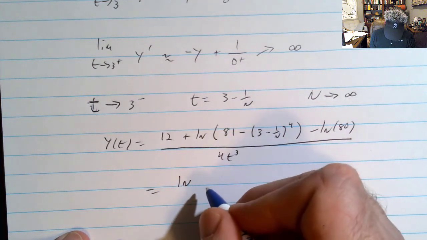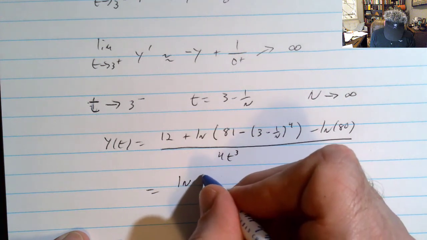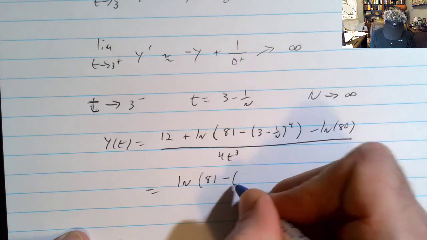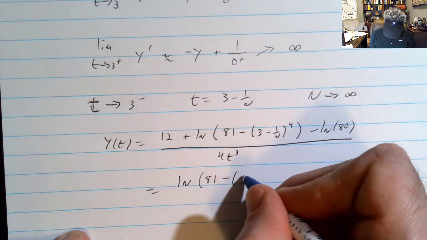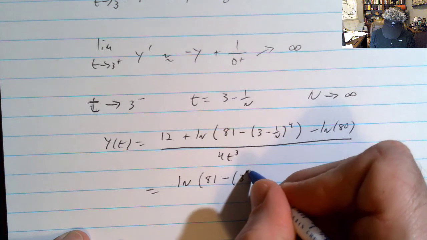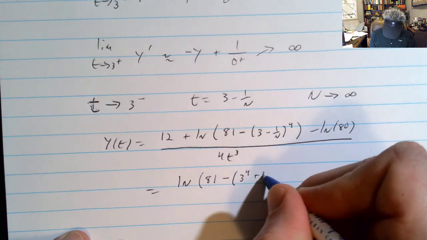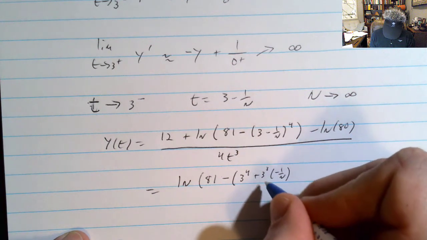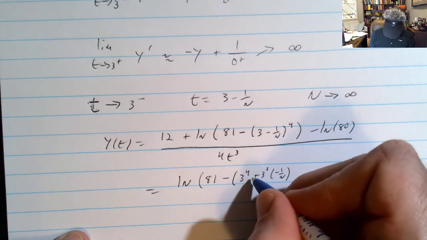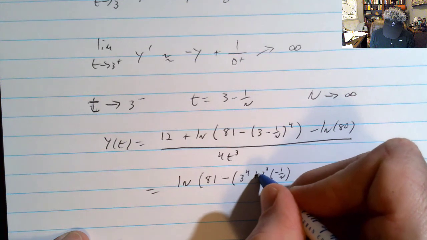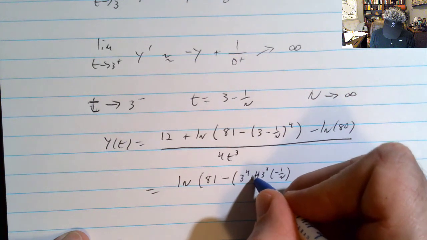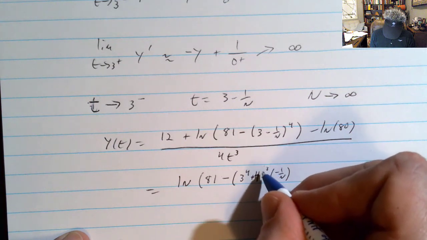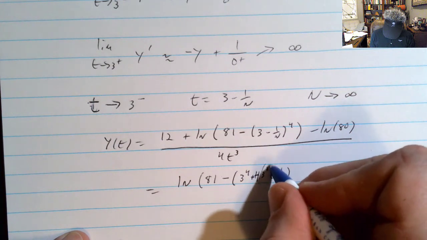Put this first. So log of 81 minus, well, if you know your Pascal's triangle, you get 3 to the 4th plus 3 cubed times negative 1 over n, and I forgot the times 4. As long as you heard me say it out loud, 4 times this, because I need parentheses.